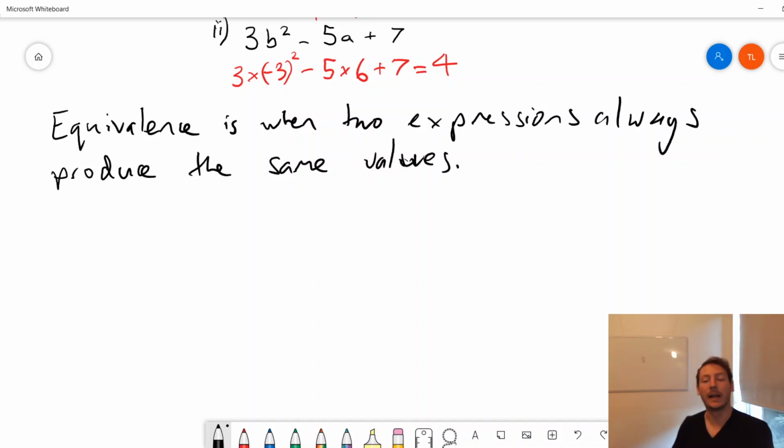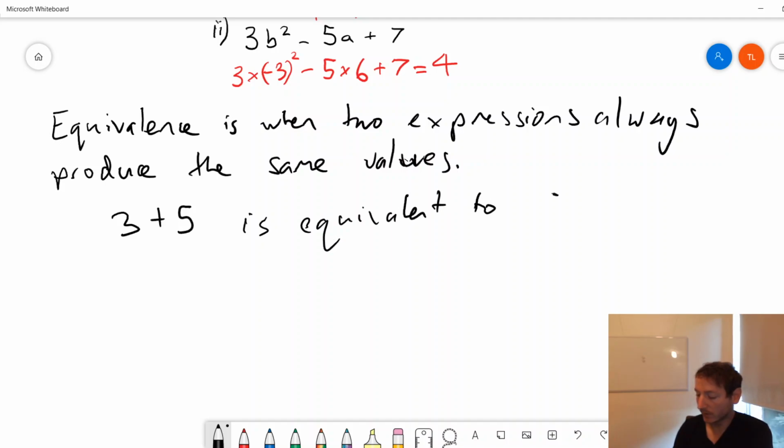So let's have a look at something with just numbers first. So this expression, let's say 3 plus 5. Well, that gets us 8. And the other expression, so is equivalent to 5 plus 3. Those are technically different. One of them is 3 plus 5, one of them is 5 plus 3.